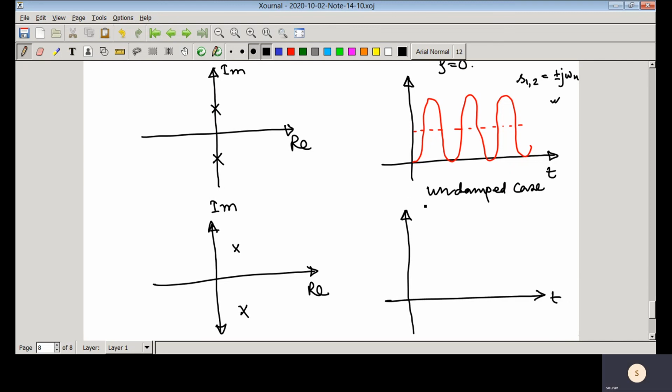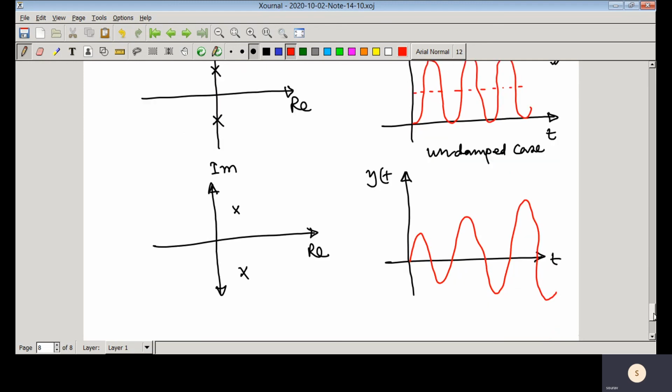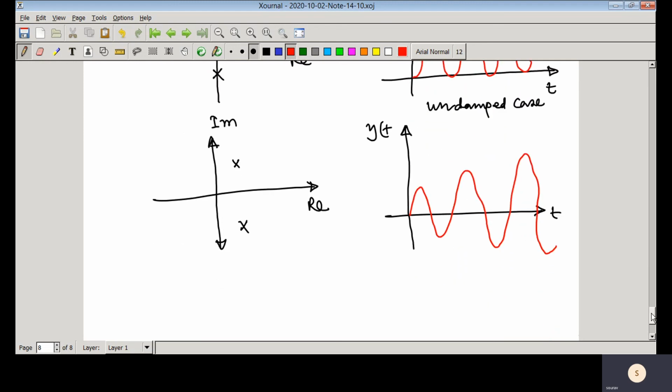So this is t, this is y(t). Then the response starts oscillating, and then you know that it is gradually increasing, and finally it would be unstable. So these all are the pure sinusoid type oscillation.